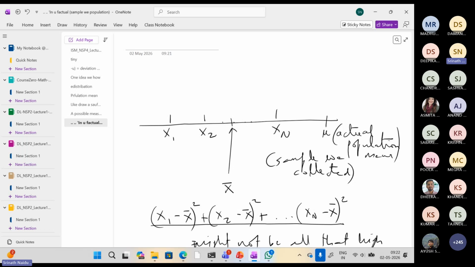I use the data already to compute x bar, and I'm using that x bar again. So what has happened is some kind of overfitting to the data. The x bar that I'm using somehow fits the data better, right?